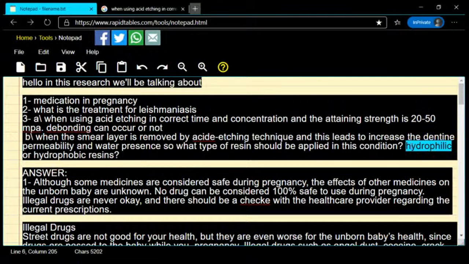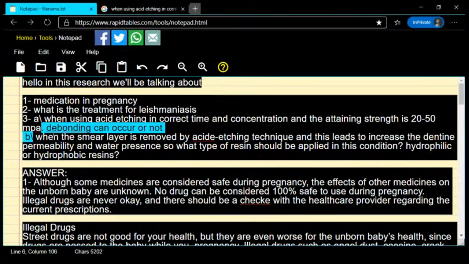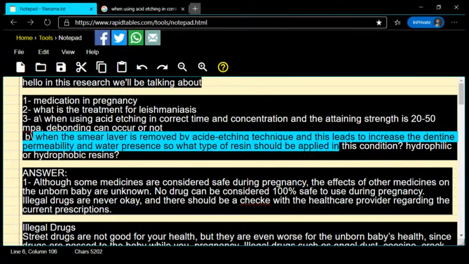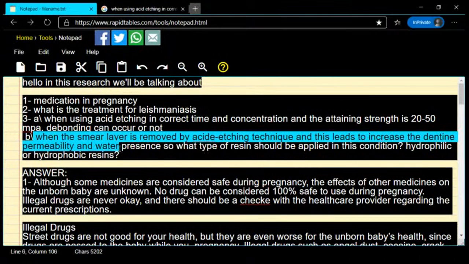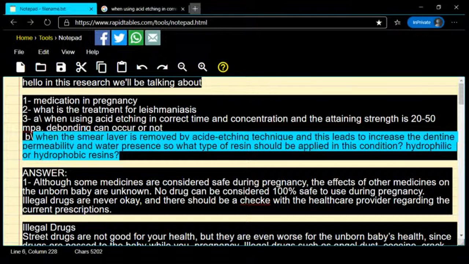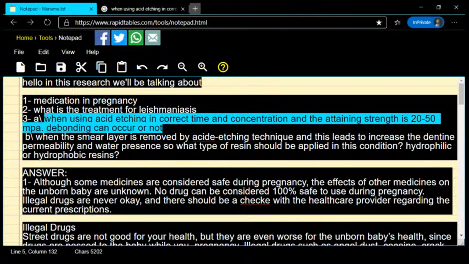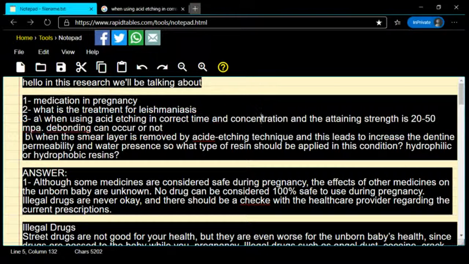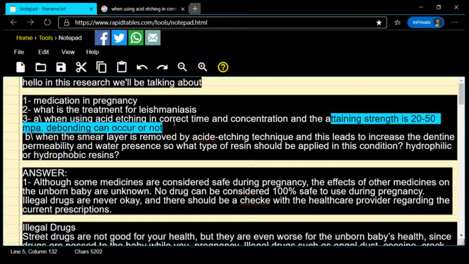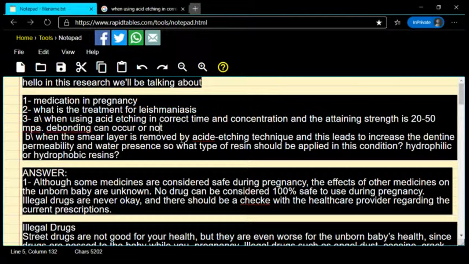I think hydrophobic, in order not to allow any water to be inserted into the dentine, which has increased permeability. And this question on concentration, attaining strength, debonding can occur or not. We can say no, it cannot happen because we are using a good method.